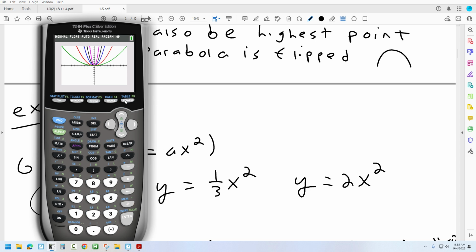A lot of times we will think of things in terms of a vertical stretch or compression. So if you wanted to think of it that way, you could think of this pink one as having been vertically stretched. Imagine it was glued down at the origin, and you took the sides and you pulled up on it. What would happen if something's glued down in one spot and you pull up on the sides of it?